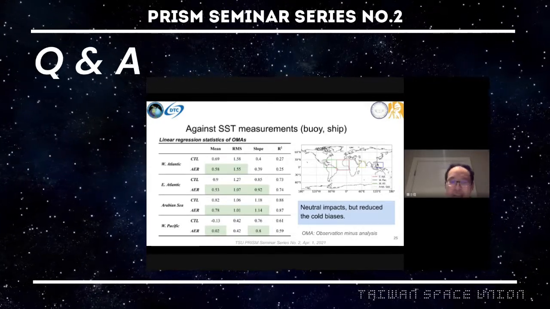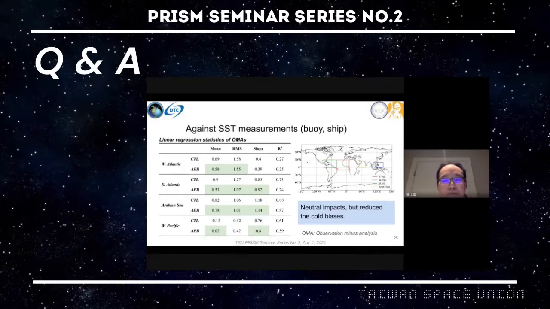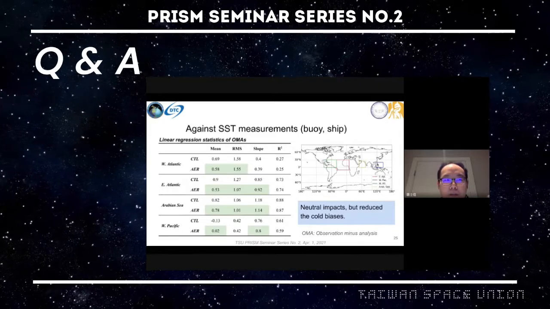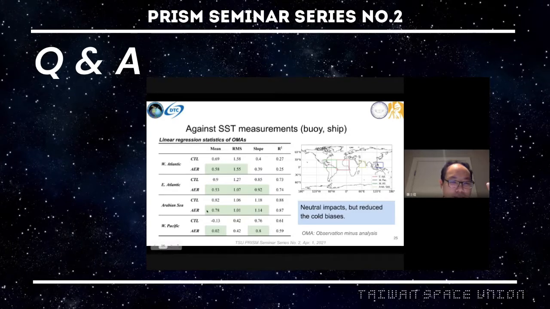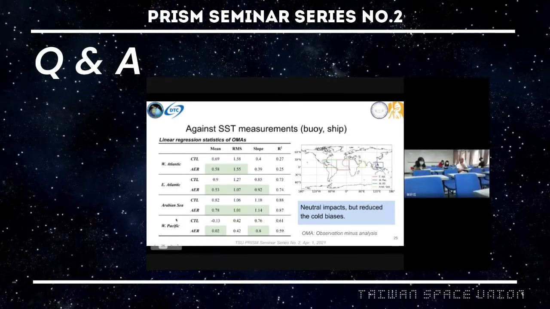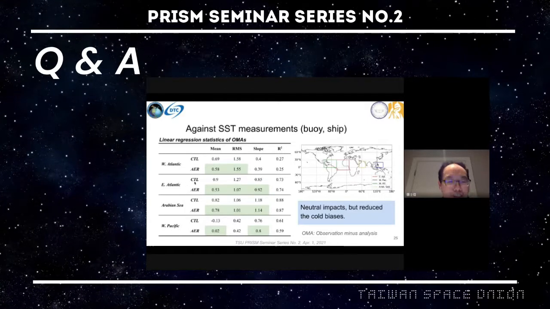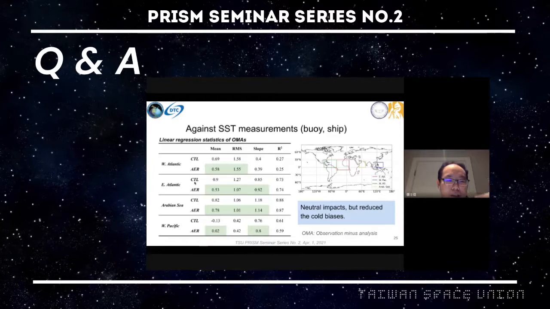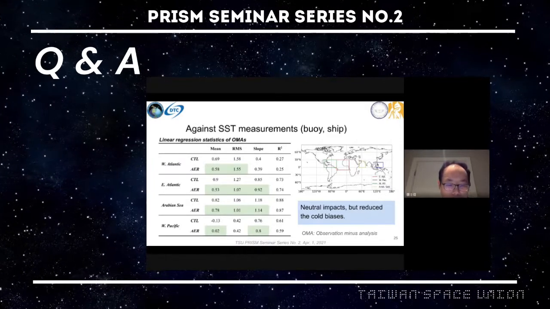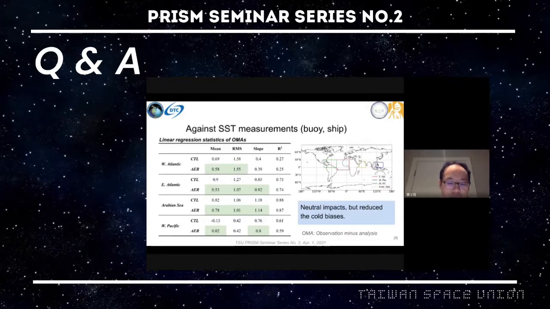Okay, let me go over again. For the Atlantic region, the O-A shows we have a cold bias, but for the West Pacific region that's a warm bias.